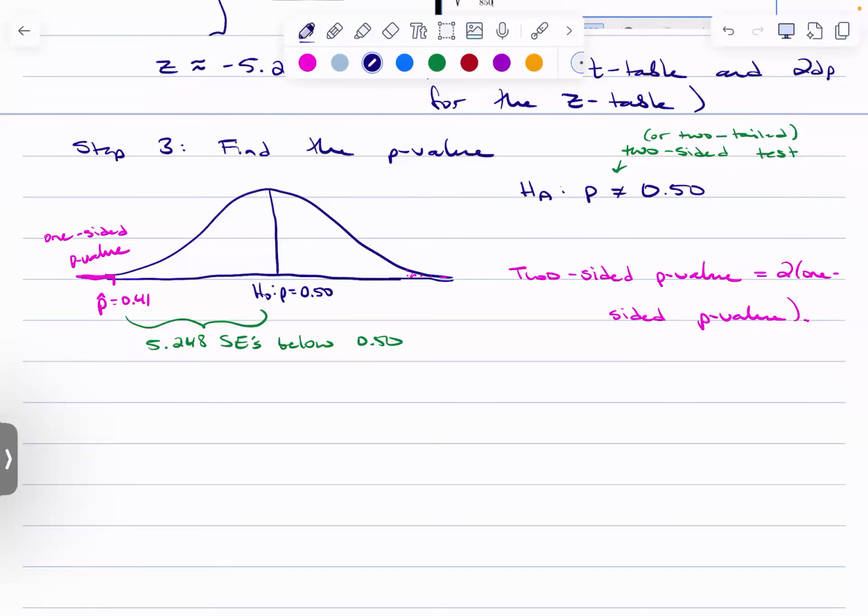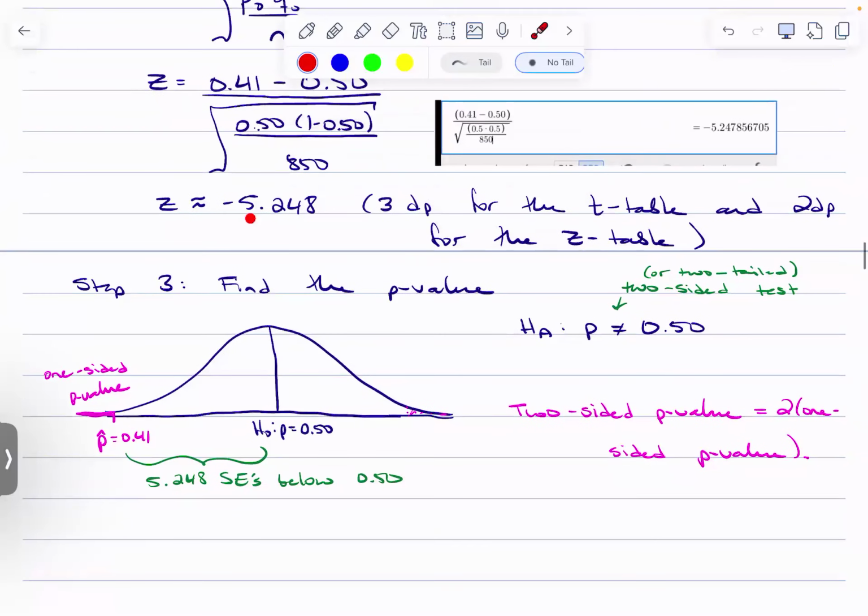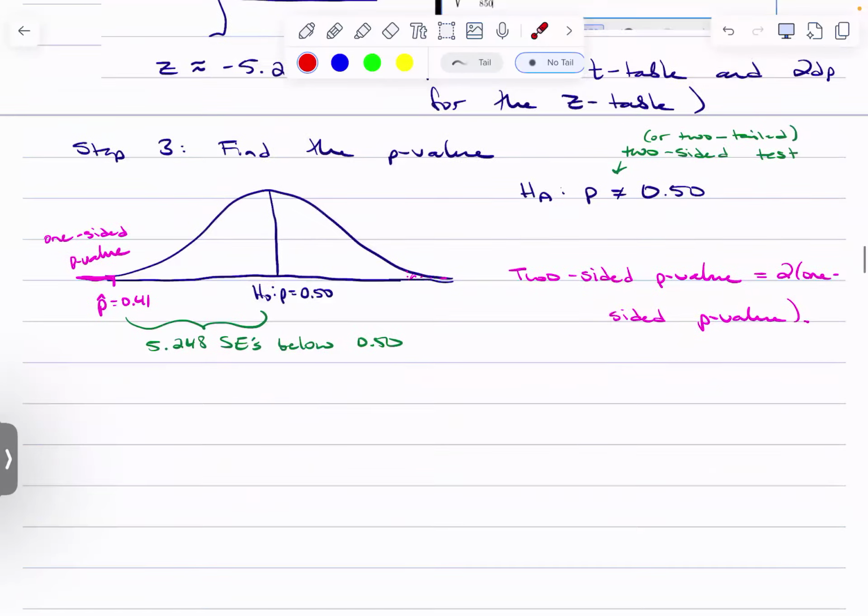Why is this a bad example? If you tried to find the area in the tail for a z of negative 5.248, which is what we're trying to do, you would go to your z-table and you would find, the smallest value I have is negative 3.49. Right? So then all I can really say is that it's less than 0.0002. Right? And then I can multiply that by 2 and say it's less than 0.0004. Fine, I will do it.